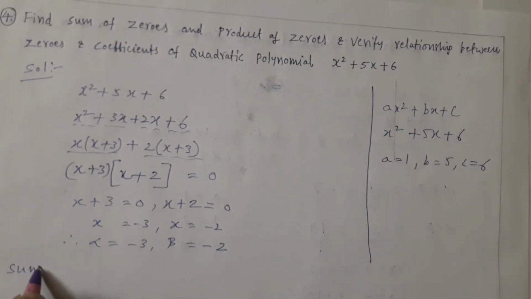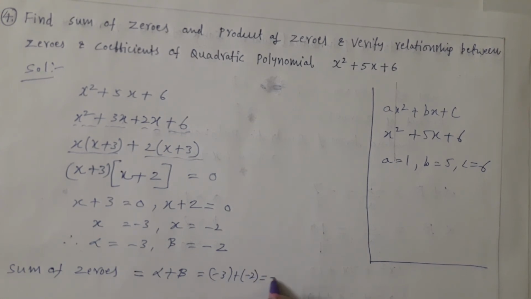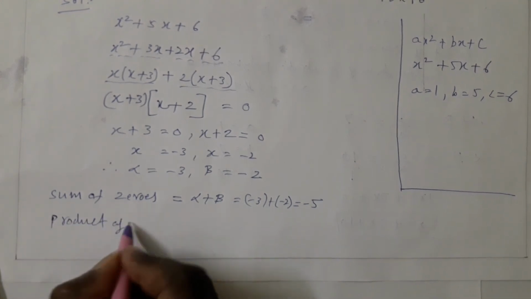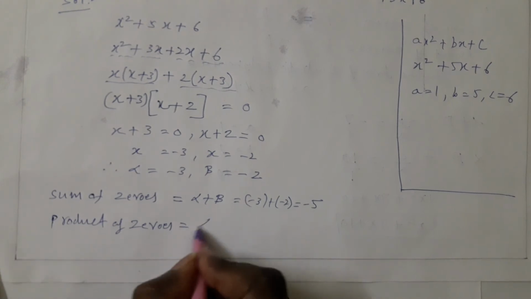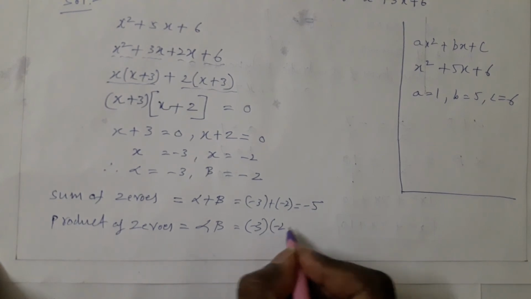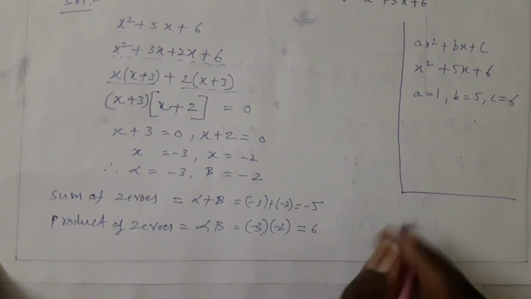So sum of zeros is equal to alpha plus beta, that is equal to minus 3 plus minus 2, minus 5. Product of zeros is equal to alpha beta, that is equal to minus 3 into minus 2, minus into minus is plus, 3 into 2, 6.